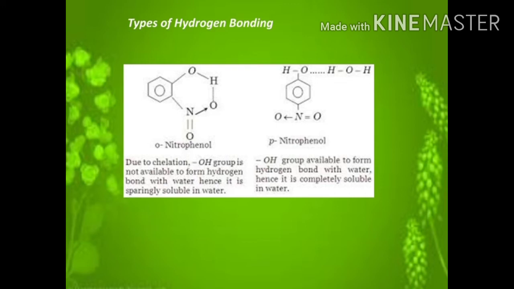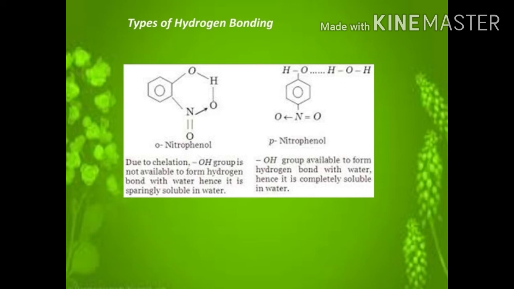But in paranitrophenol, the OH group is not involved in intramolecular hydrogen bonding. So, that free OH group forms hydrogen bond with water molecule. Therefore, paranitrophenol is completely soluble in water.